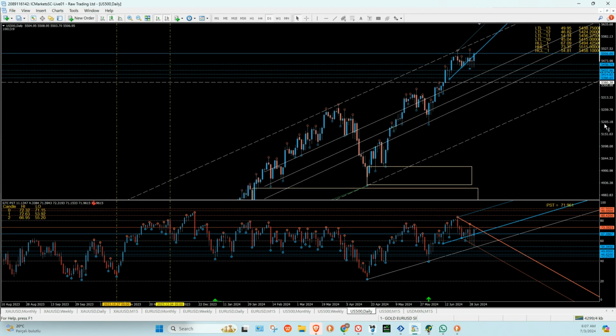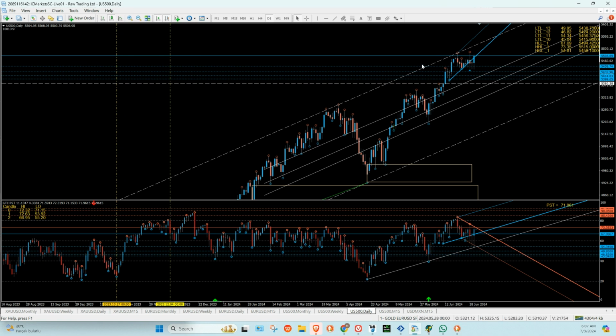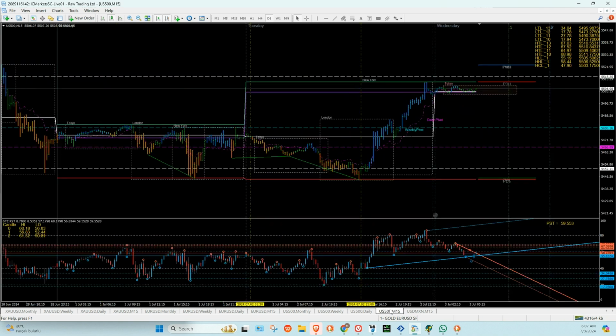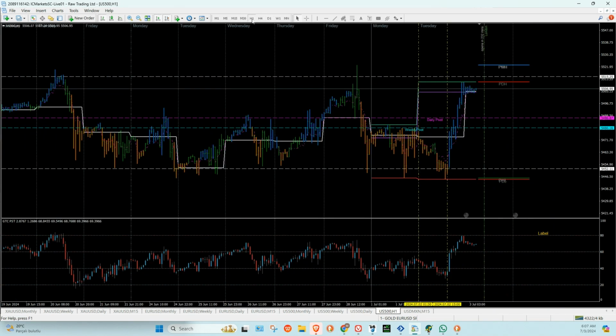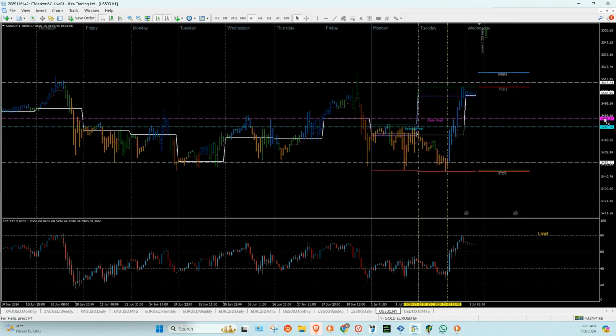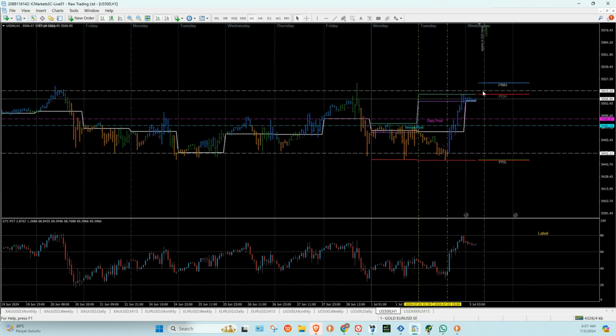Now this could also be, you see, it's a big trend up. Could be a distribution zone. All right. So selling the highs could also be a good option. All right. If I turn this into a 1 hour chart, you'll see it's going sideways. So selling the highs, not a bad idea.